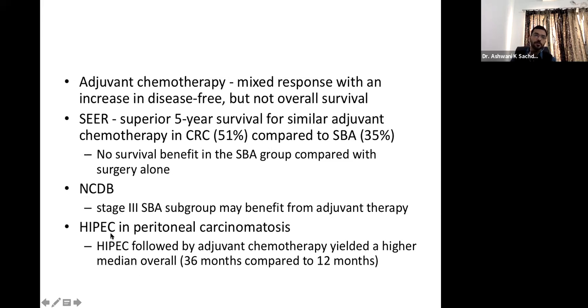And there is some role of HIPEC in patients who have limited peritoneal carcinomatosis. So HIPEC followed by adjuvant chemotherapy has been found to improve median overall survival to 36 months compared to 12 months in case HIPEC or cytoreductive surgery is not done.